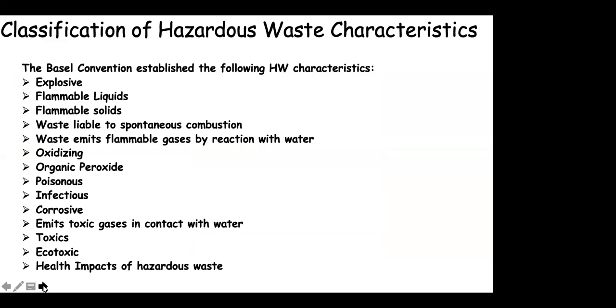Now, for hazardous waste, the first human effort to say that, okay, we are having hazardous materials as an issue in the world was in the Basel Convention. Basel is a place. So countries congregated themselves and said, okay, this is an issue now, so let's sit down and talk about it.